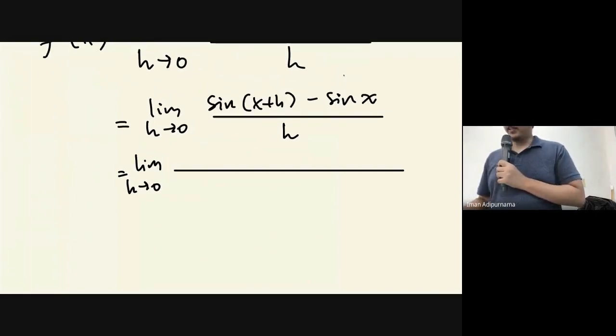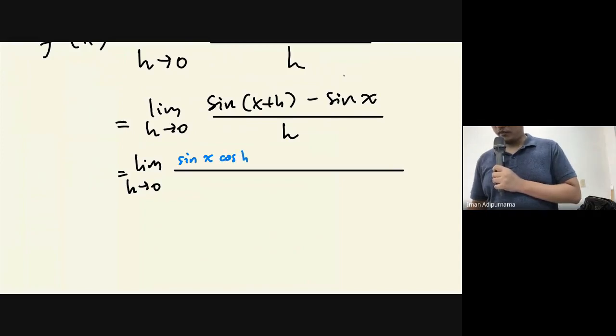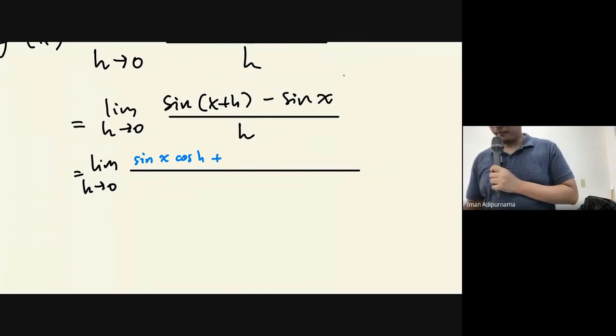Sine of (x plus h) will be sine x cos h plus cos x sine h. If it is sine, then it's plus, right?